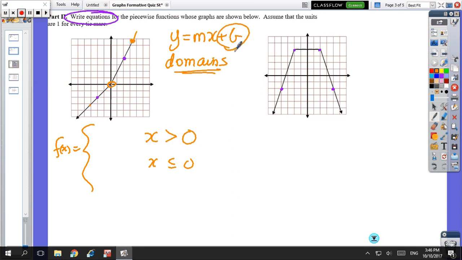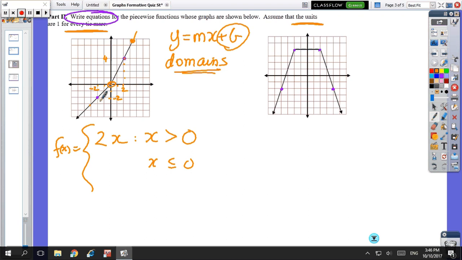Now in both these cases, the y-intercept is 0, so it's going to be plus 0. So we just have to find the gradient. It says here that the units are in ones. So 1, 2, 3, 4, so that's a 4. In this one, the gradient is the rise 4 over the run 2, so the answer is y equals 2x, for x greater than 0. And over on this side, minus 1, minus 2.